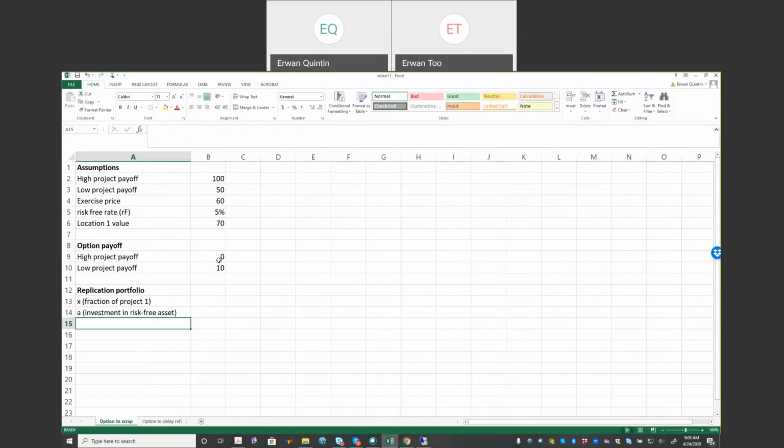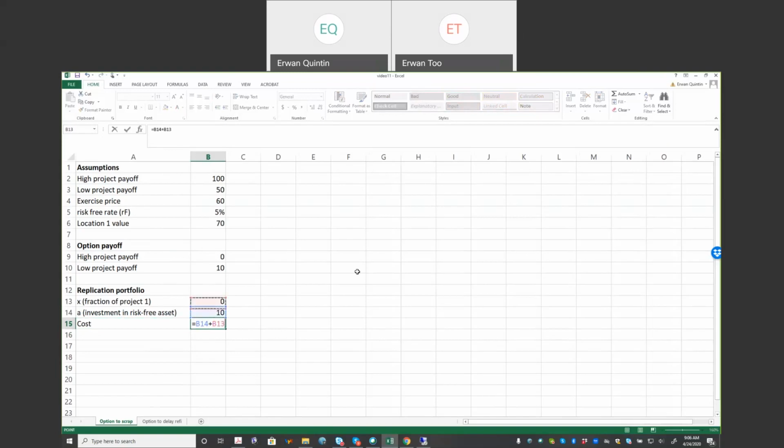So right now I don't know what my replication is going to be. So how about I just invest nothing in the project and I put, let me put $10 million in the risk-free asset. I'm just making up a number for now. So what would be the cost of constructing this portfolio? Well, I have to pony up $10 million. That's easy.